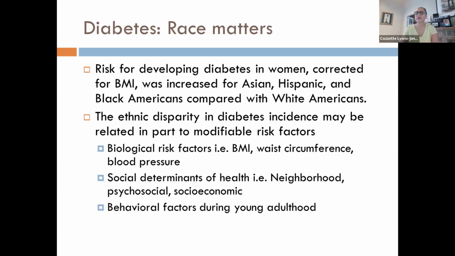So race matters. Even if you correct for your weight, there's an increased rate of diabetes among Asians, Hispanics, and Black Americans compared with white Americans. And this ethnic disparity in diabetes is related to a number of things that are modifiable or preventable, whether you're talking about your weight or your blood pressure, biological risk factors, but other things like social determinants of health, the context in which you eat and live and play and work, your neighborhood, the exposures there, the lack of green space, so you can't go exercise, for example, lack of access to healthcare because you don't have insurance.